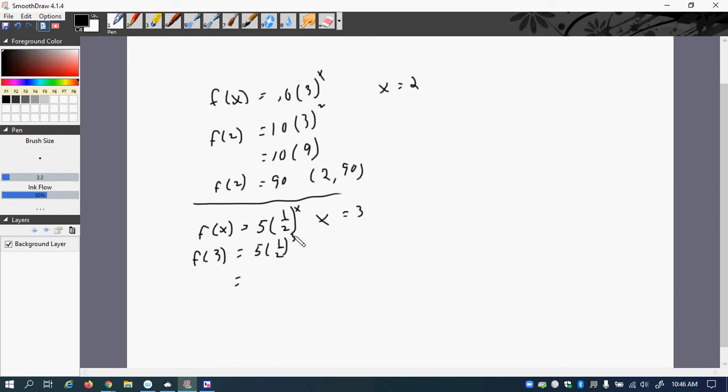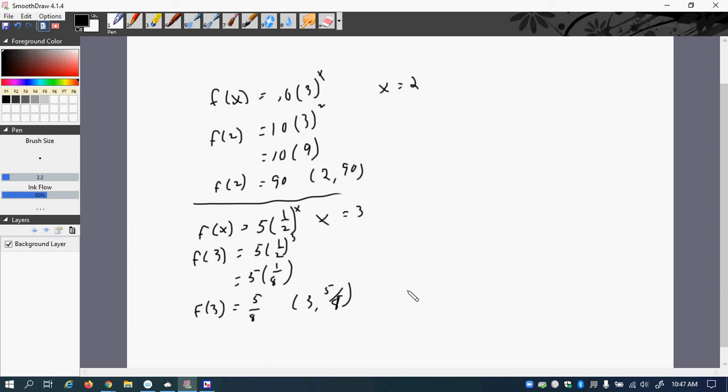We do the exponent first, so that's 1/2 times 1/2 times 1/2, which is 1/8. Then we multiply, so that gives us 5/8. So f of 3 is 5/8, or the point would be (3, 5/8). That's the kind of idea that we're looking at.